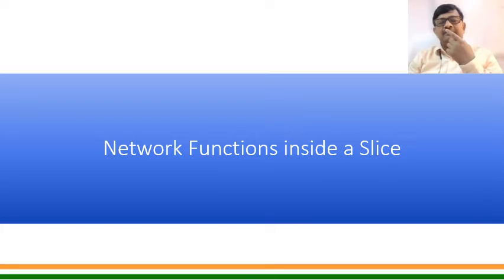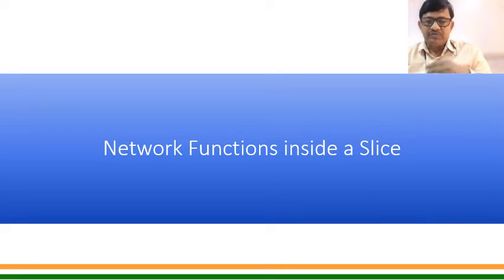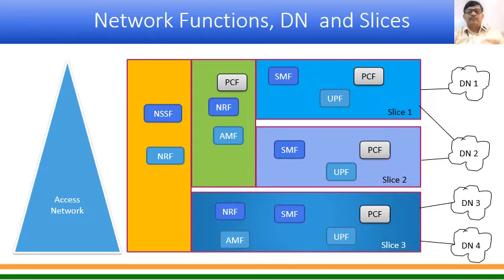Now let us look at different network functions which may be inside a slice or outside a slice. In this example, we are showing three slices. Slice 1, this particular box, slice 2, this box, and then slice 3.